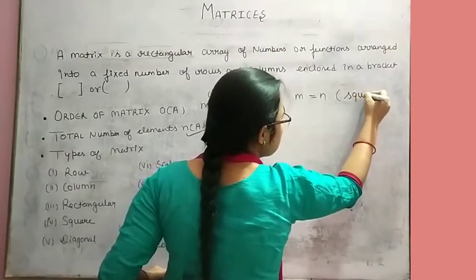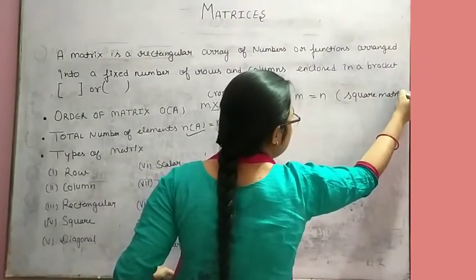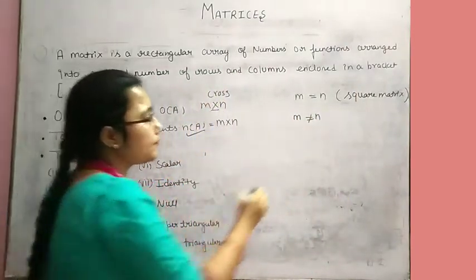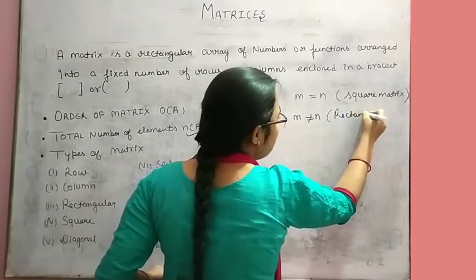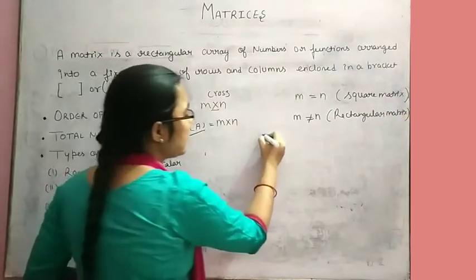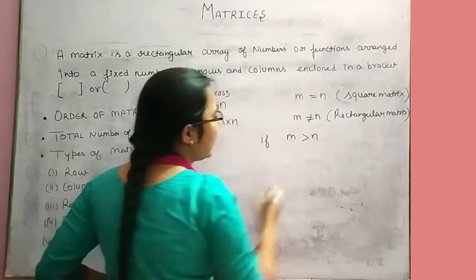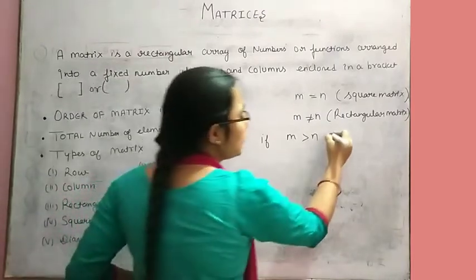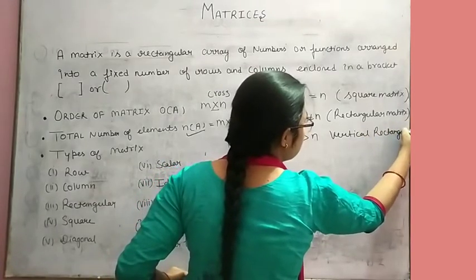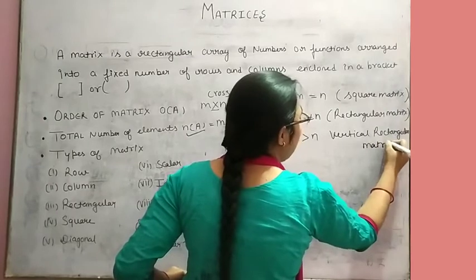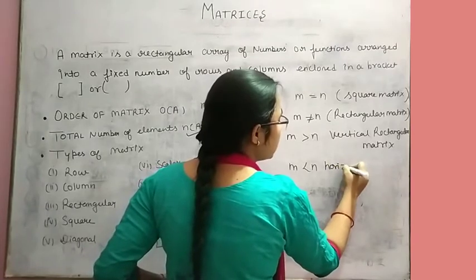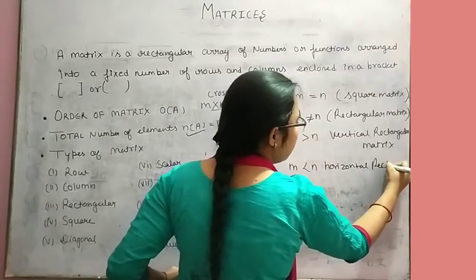If m is not equal to n, this is known as a rectangular matrix. If m is greater than n, it is known as a vertical rectangular matrix. And if m is less than n, it is a horizontal rectangular matrix.